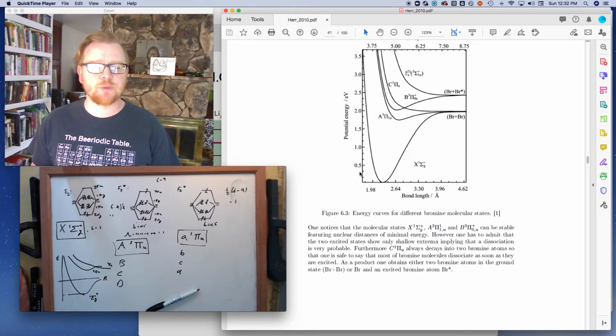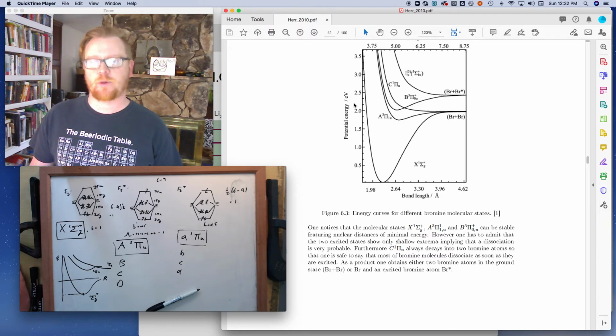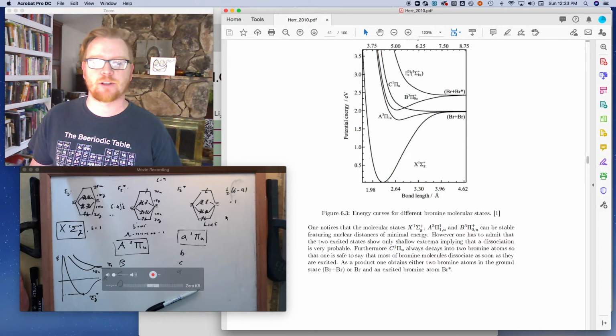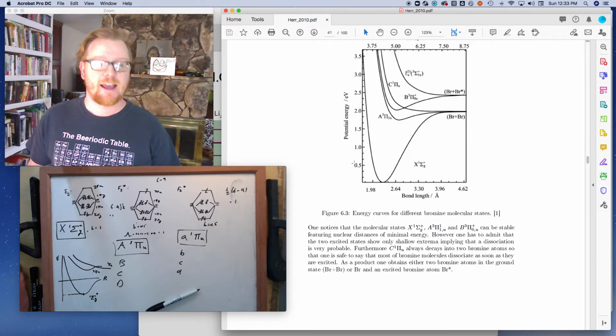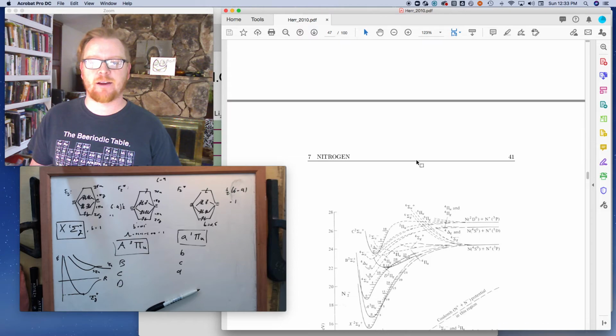So we recognize for bromine, it's still going to have the same configuration. Look, and there's that capital X telling me this is the bromine ground state, X singlet sigma g plus. And then now this is pretty cool. As we go up, we can see the next level is the A state, and then the B triplet. Here now, technically, this person put C, but they should have put a lowercase a.